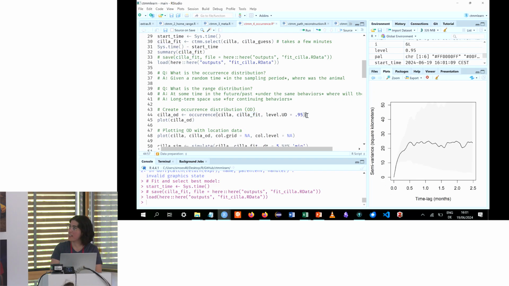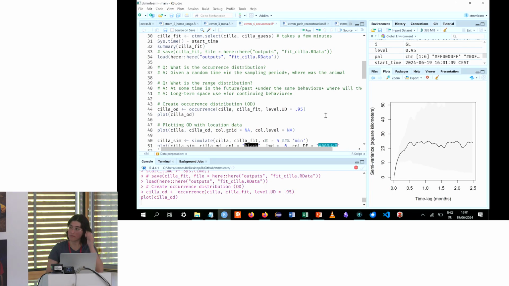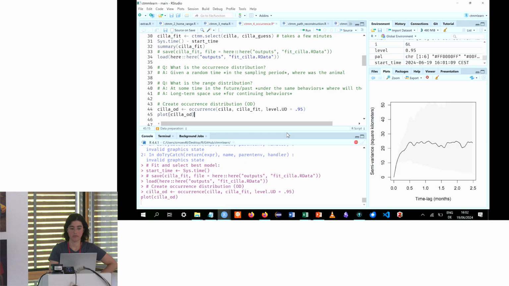Same logic as everything else within CTMM, you give it the data and then the model fit. In this case, you want the 95% utilization distribution, which is the default anyway. It shouldn't take too long.